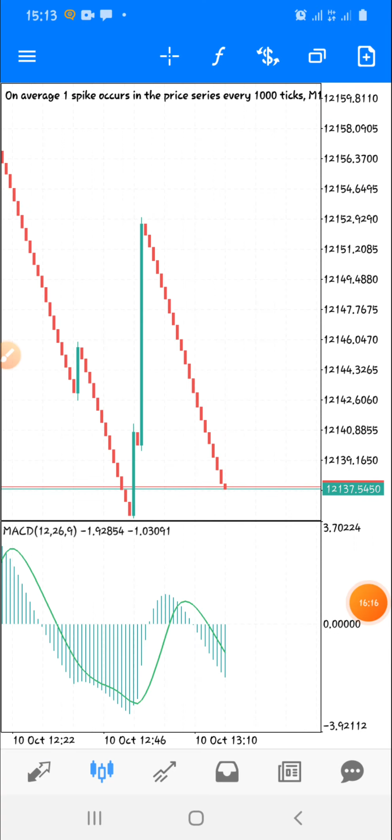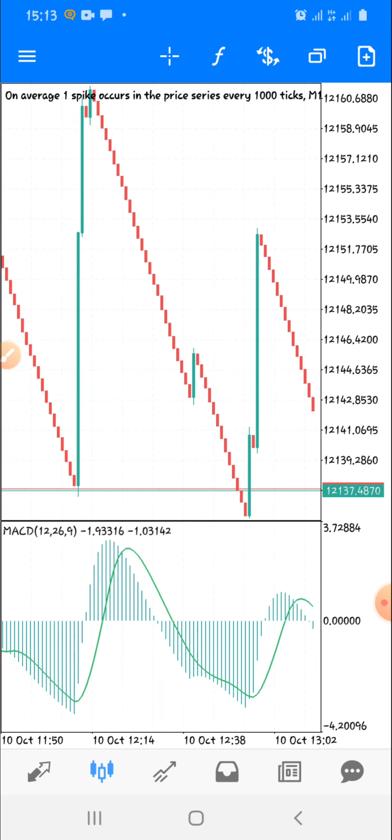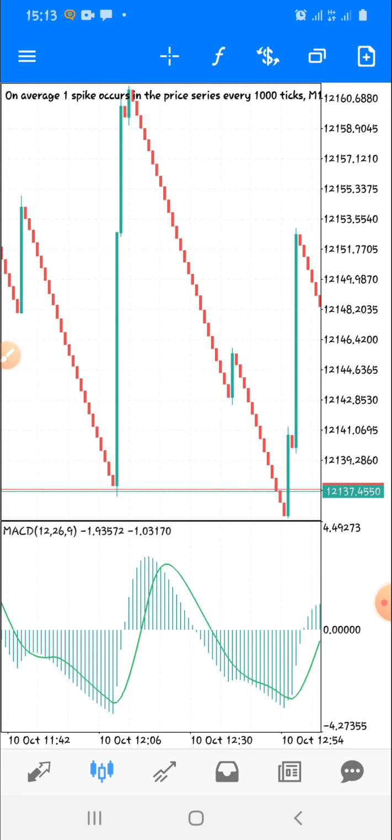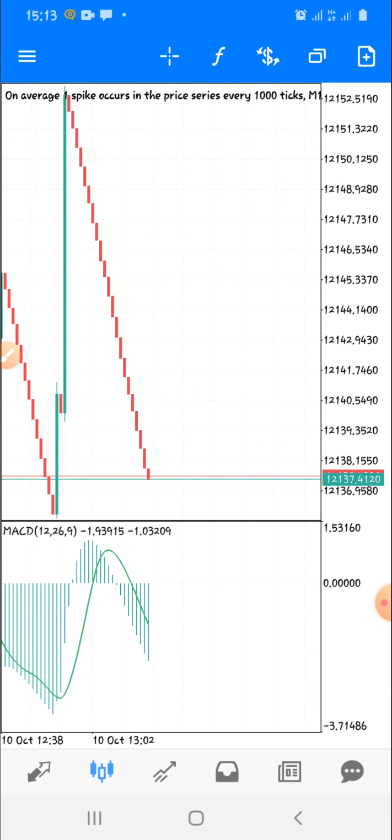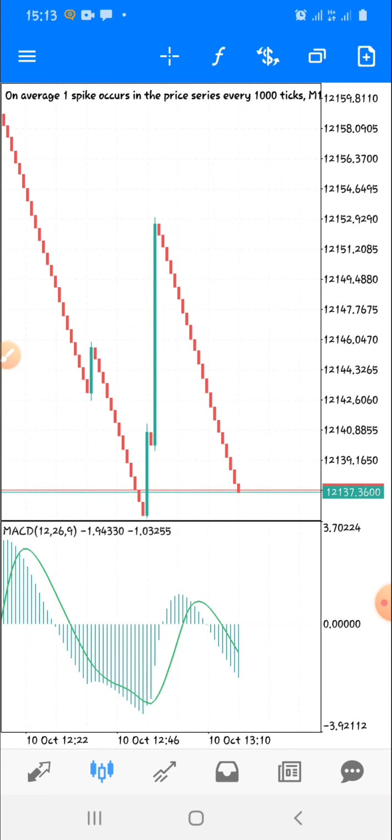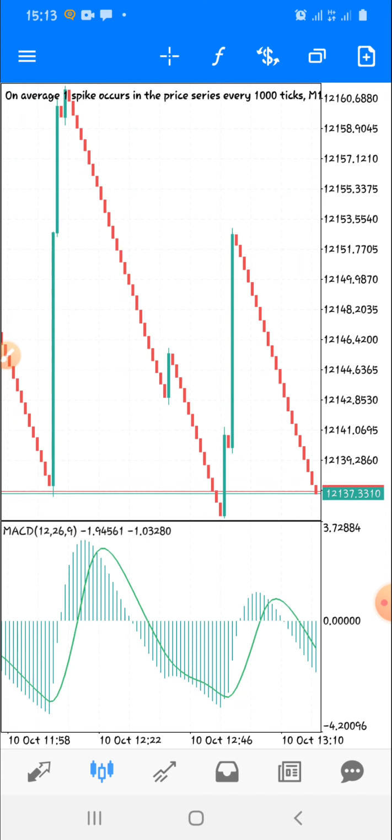Yes, so if you look here, when the market spikes, the histogram will go above the zero line. So it will start small and then longer.